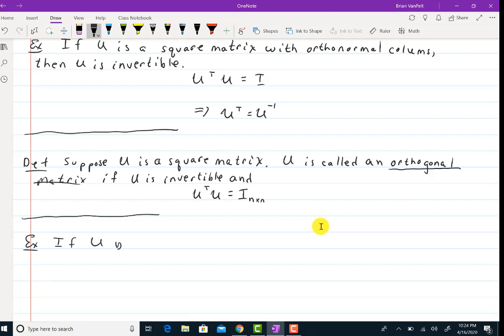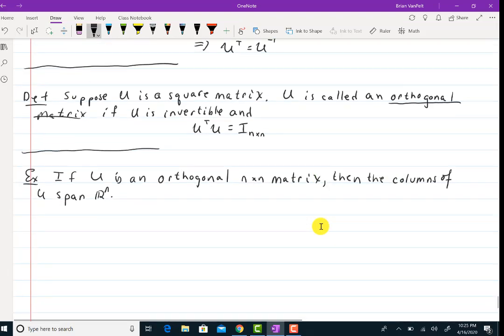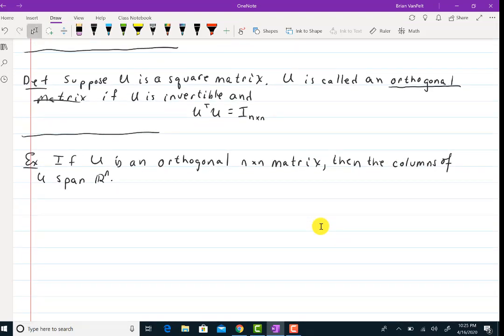If U is an orthogonal n by n matrix, then the columns of U span Rn. And we know that if it's an invertible matrix, then the columns are linearly independent. And since they're linearly independent, then you have n linearly independent vectors in Rn. Well, I pretty much have said it.